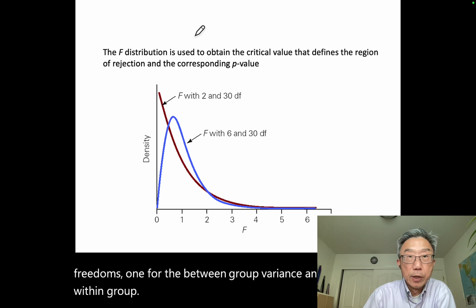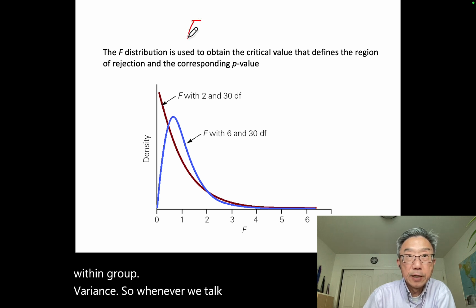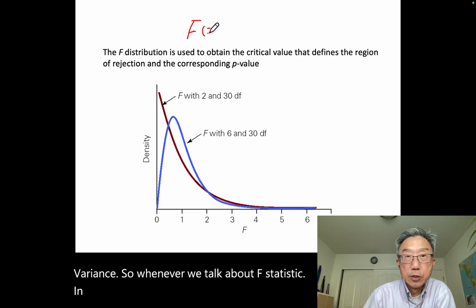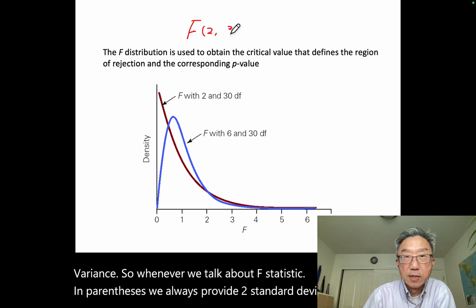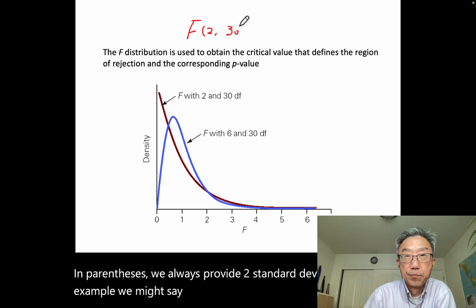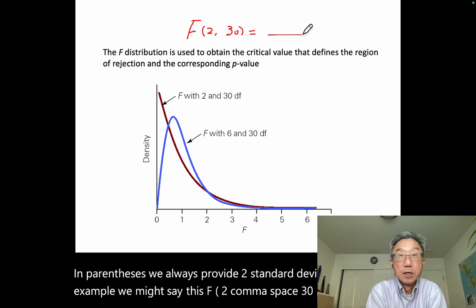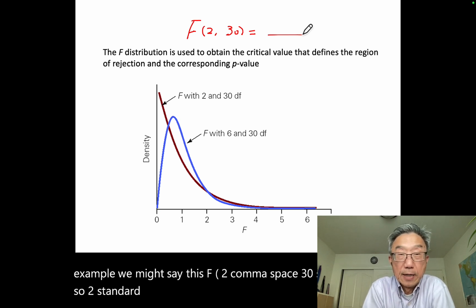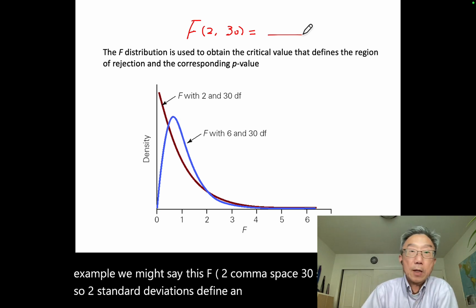So whenever we talk about an F statistic, in parentheses, we always provide 2 degrees of freedom. For example, we might say F(2, 30) equals something. So 2 degrees of freedom define an F statistic.